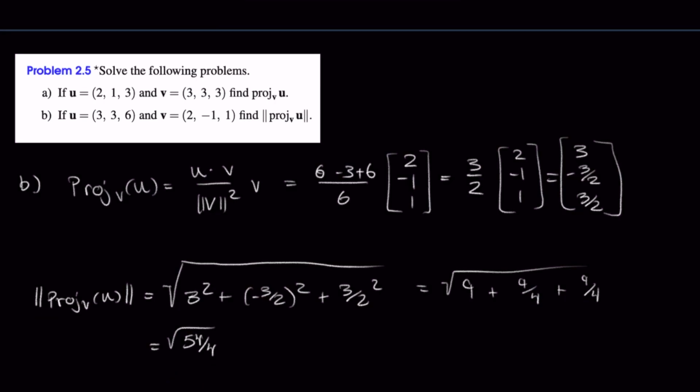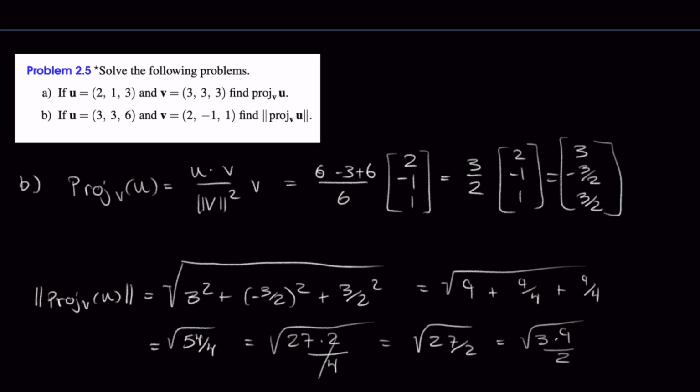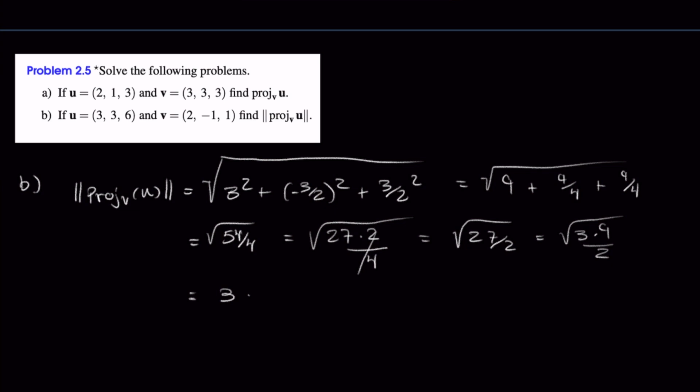And we can reduce this further by factoring out the square root, and then this is going to cancel out, so we get 27 over 2. And then we can do this even further. We get 3 times square root of 3 over square root of 2.